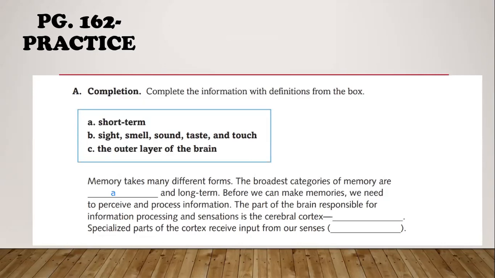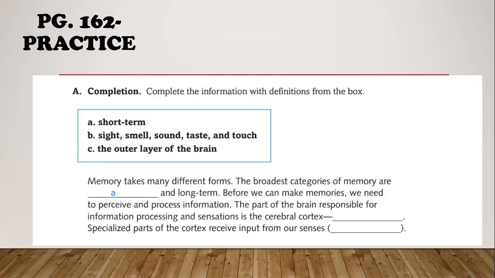Before we can make memories, we need to perceive and process information. The part of the brain responsible for information processing and sensations is the cerebral cortex. What is this? The outer layer or the sight, smell? Are you sure?